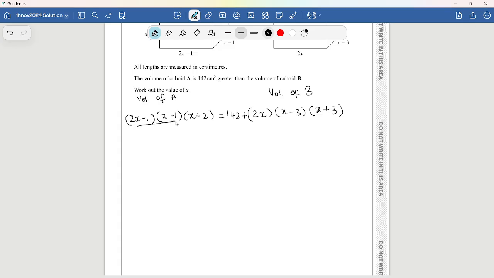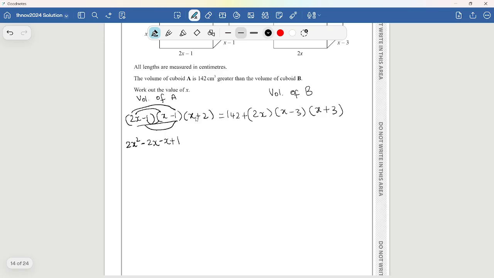If I'm taking these two parentheses, using the FOIL approach, multiplying out each and every term here, I get 2x times x gives me 2x squared. 2x times negative 1 is minus 2x, and minus 1 times x is minus 1x. Minus 1 times minus 1 is positive 1.